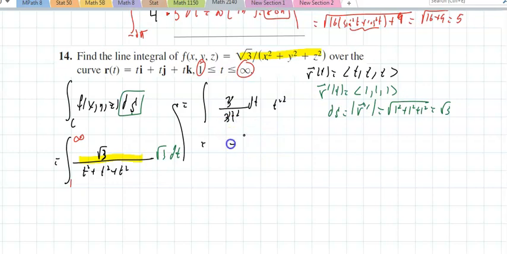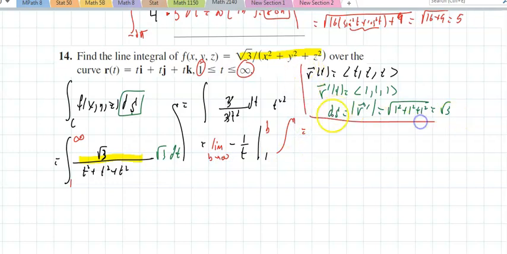So that is negative 1 over t, evaluated from 1 to, we can't use t anymore, let's say b, and taking the limit as b approaches infinity. That would be the limit as b approaches infinity of negative 1 over b plus 1 over 1. This will hit 0, that will equal 1, and there it is.